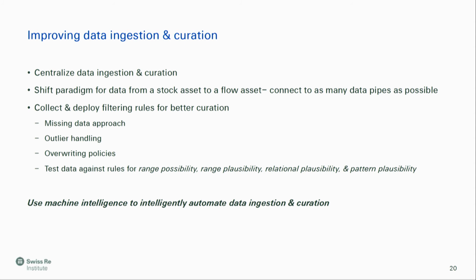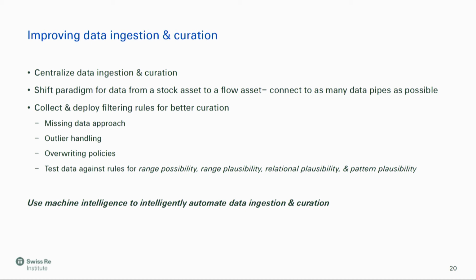And that means that we should be focused a little better on the data ingestion and curation capability. In particular, we should be building tools into our upstream data processes that look at things like data range possibility, relational plausibility, and even pattern plausibility.